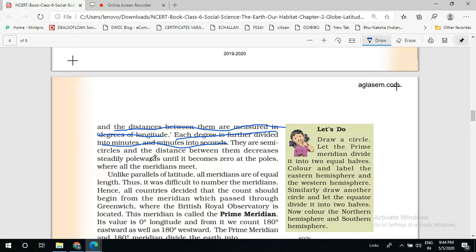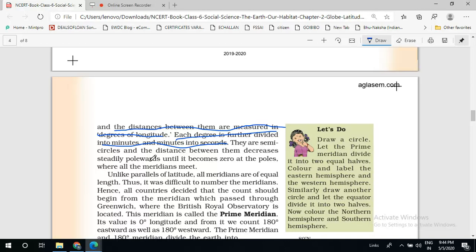But when we see longitudes, we find that longitudes are of equal size. All the longitudes start from one pole and meet at the other pole. All are starting from one point and ending at one point. So their length is similar.